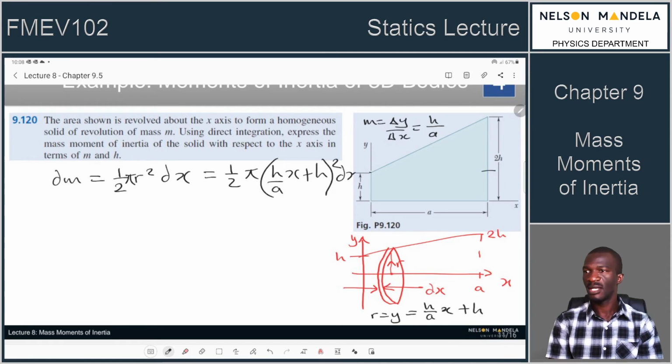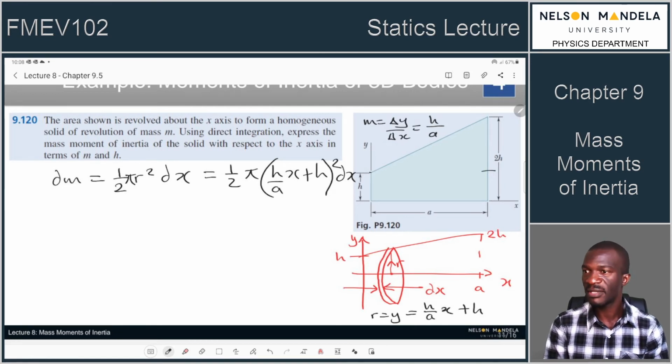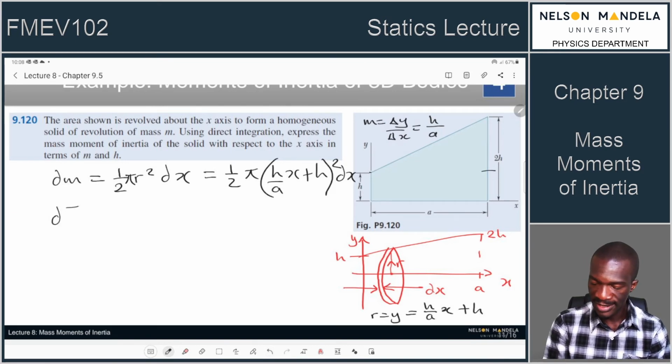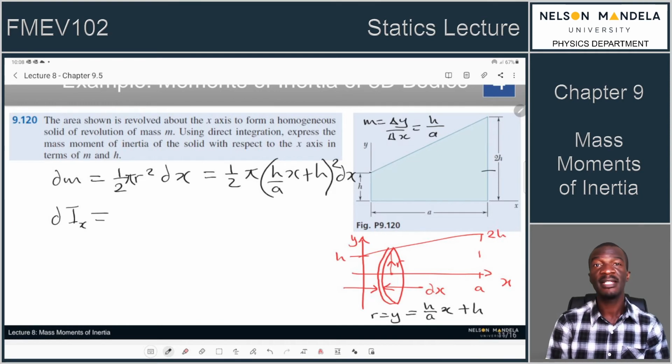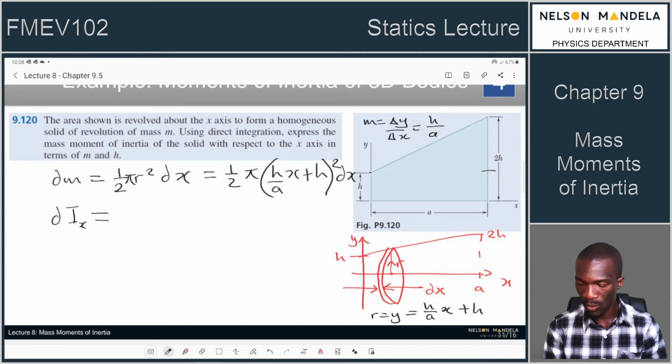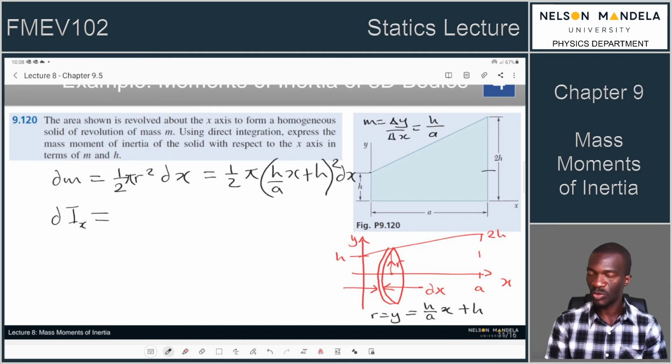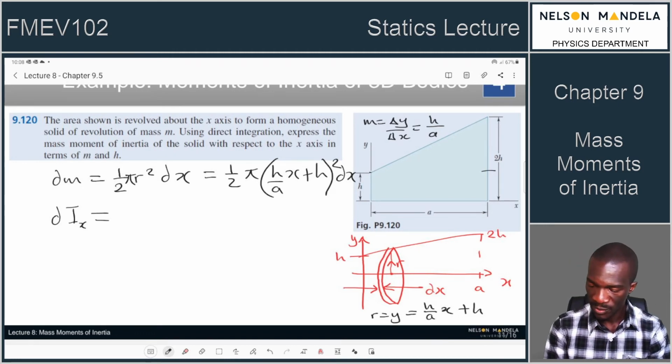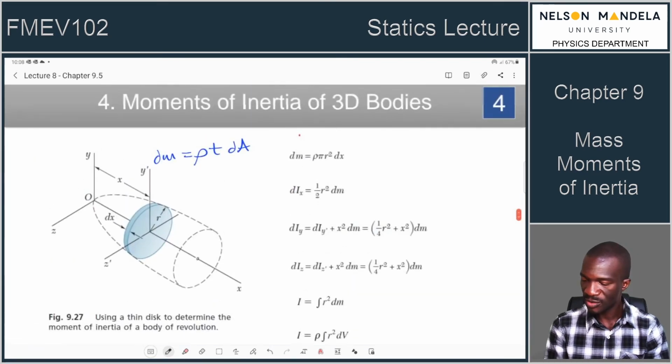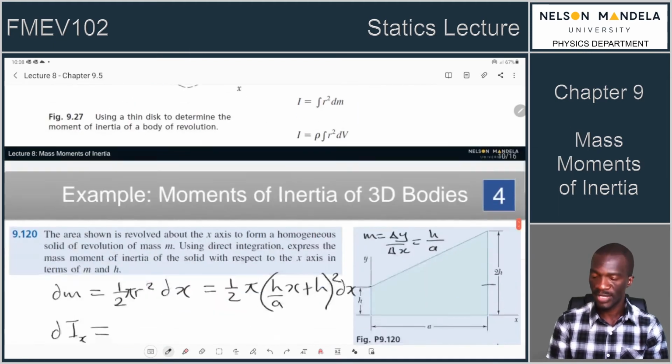So you can actually make life easier for yourself mathematically, so that this whole function won't look too cumbersome. So that's your first thing. So then our dIx, we can now express our dIx. Our dIx is for a disk, which is a circular disk. So I think it makes use of the same setup that we had here, which is just half r squared dm, right?